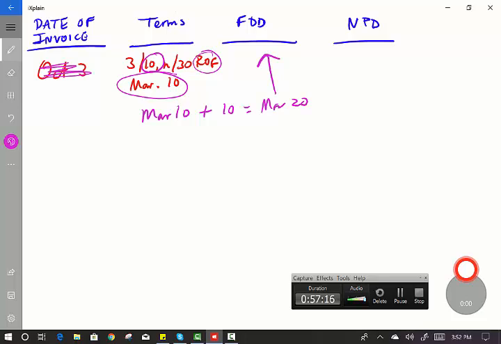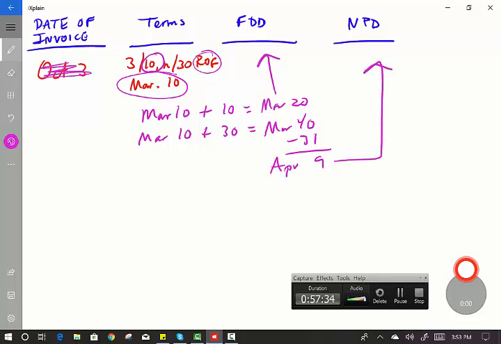Then take March the 10th, the date that the goods were received, plus 30 days gives you March the 40th. There's only 31 days in March, so that leaves 9 days in April.